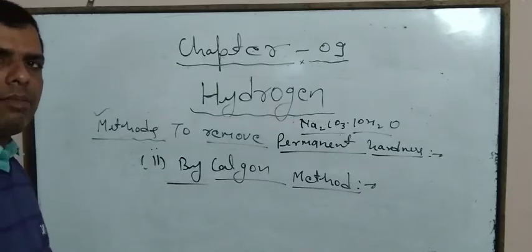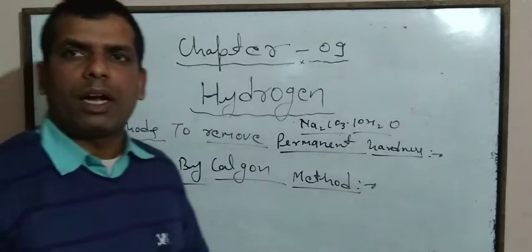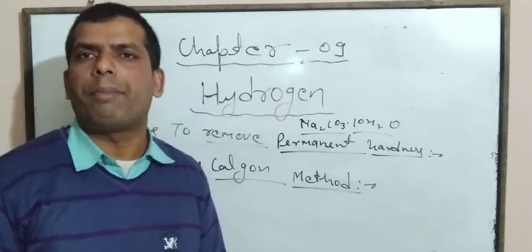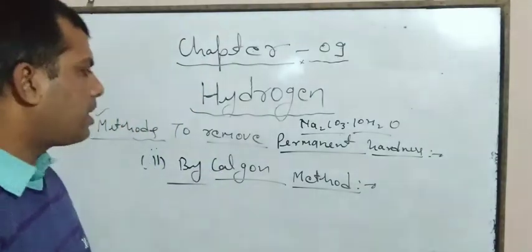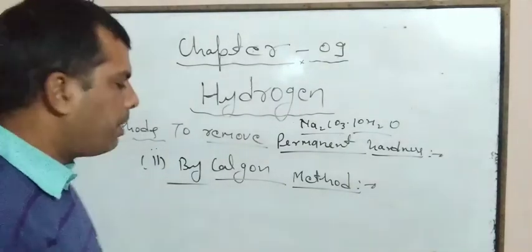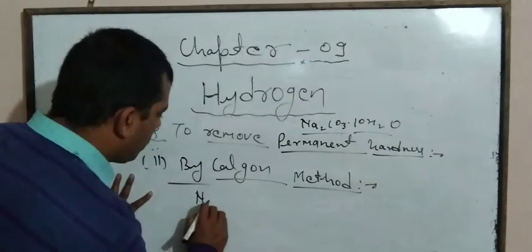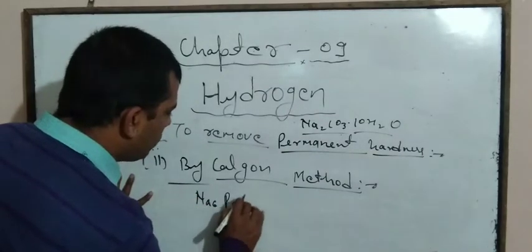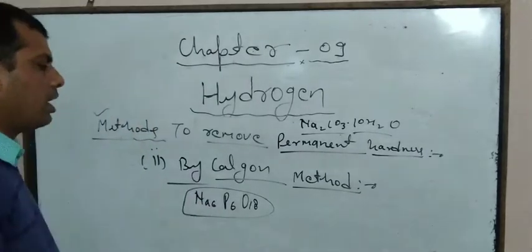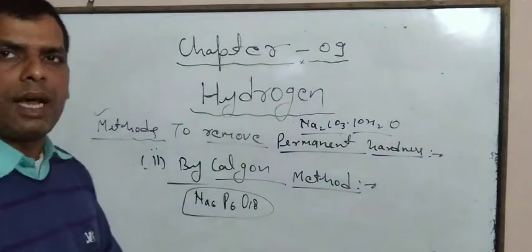Actually, in this method, Calgon, a type of compound, is taken, which is known as sodium hexametaphosphate. Sodium hexametaphosphate is known as Calgon. Its formula is Na6P6O18. It is sodium hexametaphosphate.